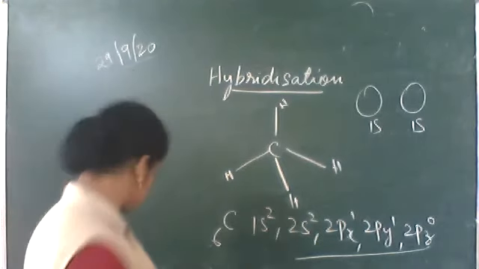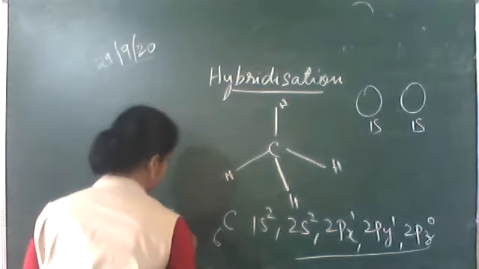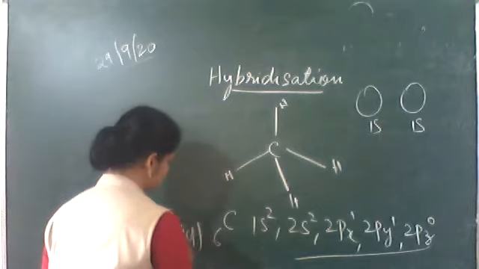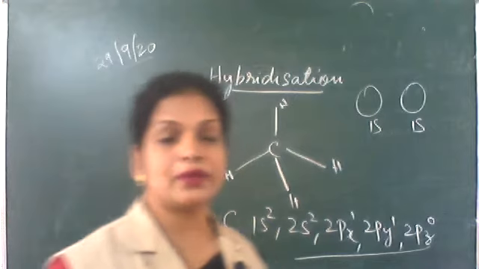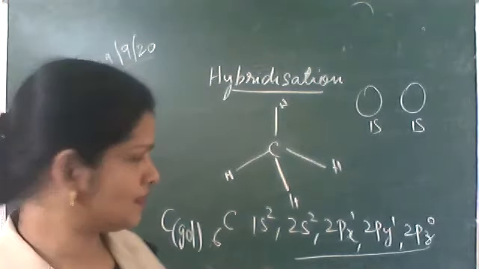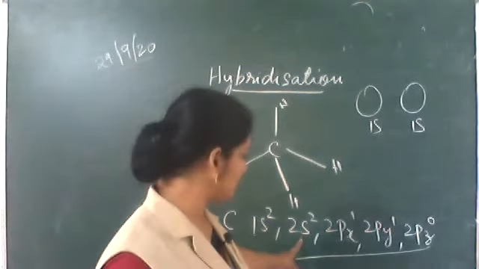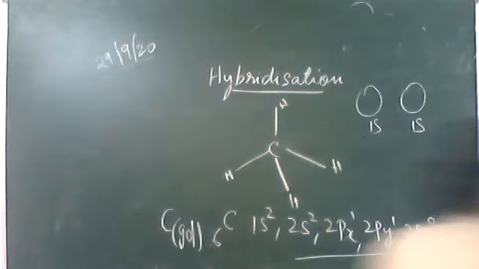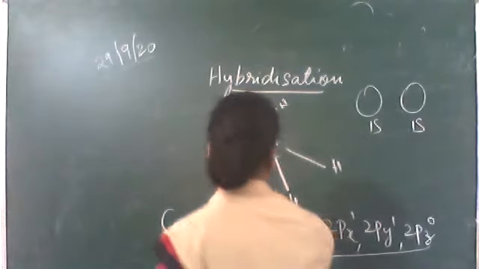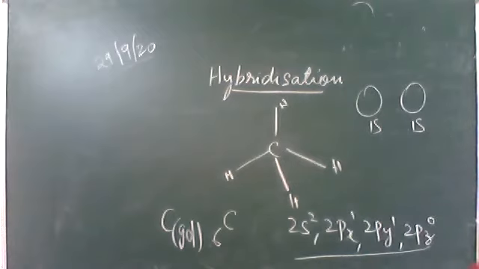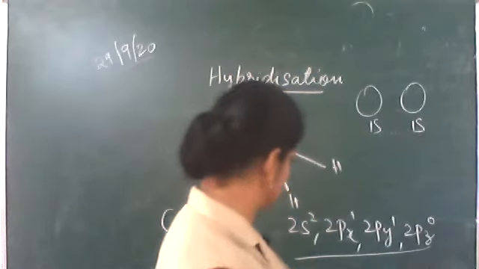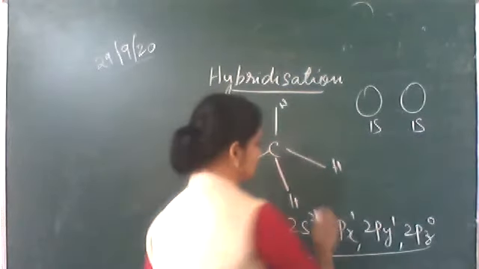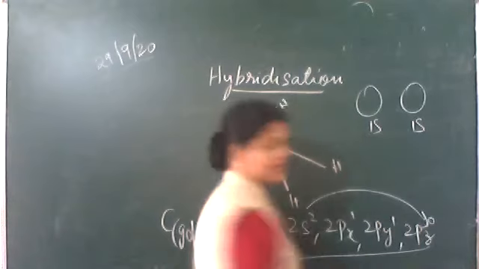This electronic configuration we write as carbon ground state. And scientists say carbon goes to an excited state. How? One of the 2s electrons is promoted to 2pz, which is empty.